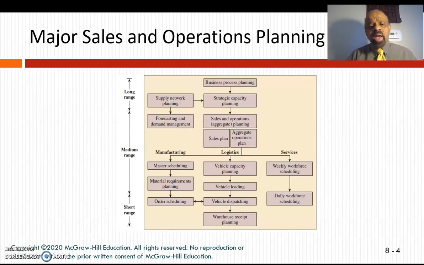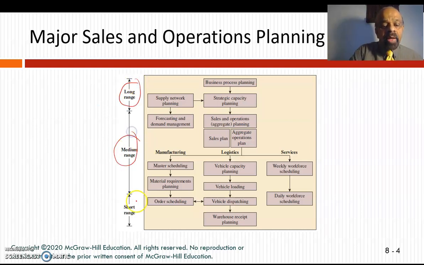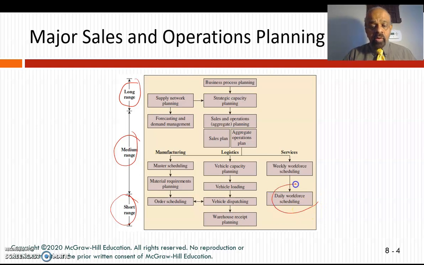So for instance, we have long range planning, medium range planning, and short range planning. Short range planning is basically order scheduling, warehouse receipt planning, and so on, or even daily workforce scheduling.